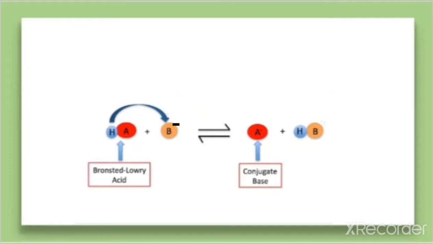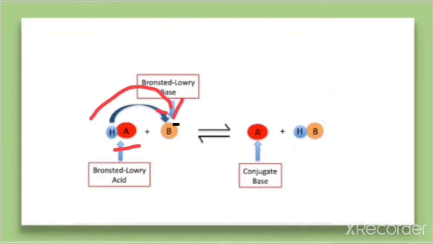Here B negative is accepting the H plus ion, therefore B negative acts as a base, which is called a Bronsted-Lowry base. According to the Bronsted-Lowry concept, the substance which accepts the H plus ion is called a base. Because B negative accepted the H positive, it becomes HB, that is called the conjugate acid.